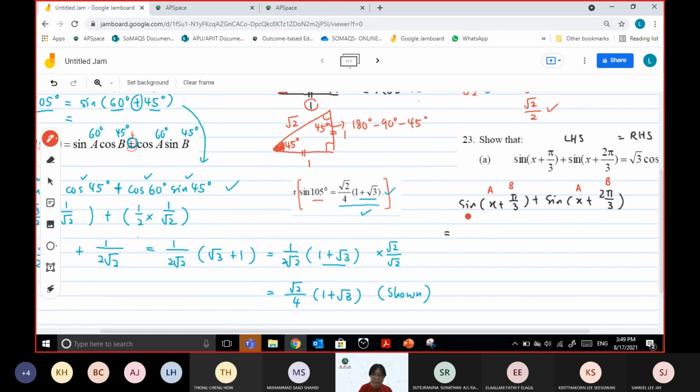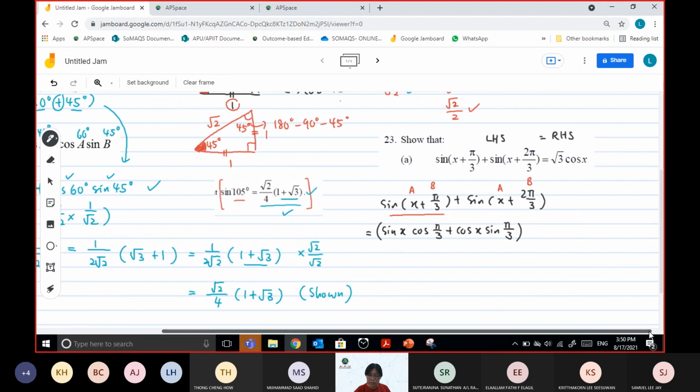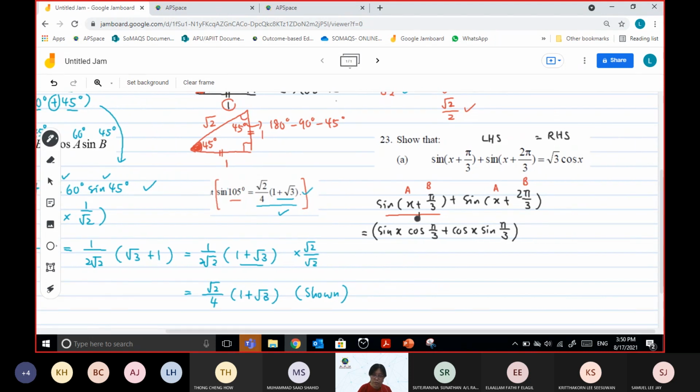Okay, look at the first part first. Sine A cos B means sine x cos pi over 3, and then cos A sine B, which is plus cos x sine pi over 3. That's how we substitute into the formula for the first part.